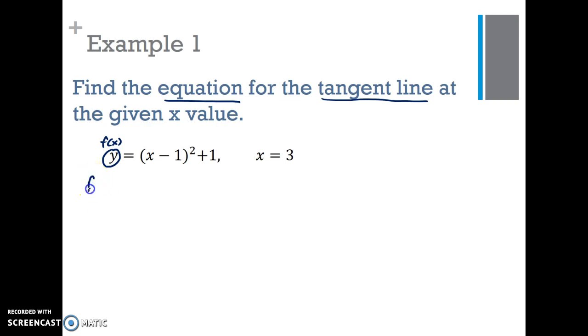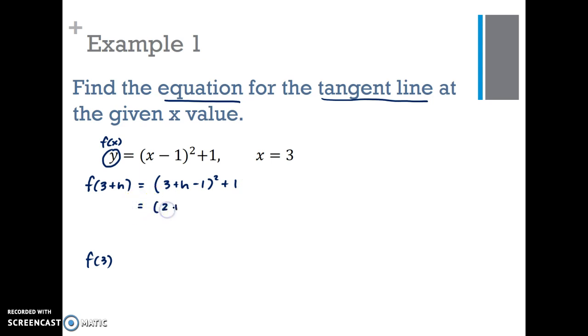Okay, so what I would do is I would find f of 3 plus h and f of 3 and just figure out what those are. So if I plug 3 plus h into this equation, I'm going to get 3 plus h minus 1 squared plus 1. And I'm going to simplify this as much as I can.